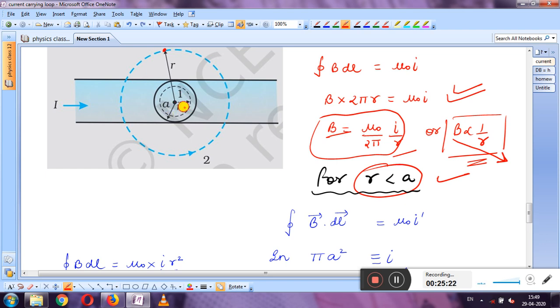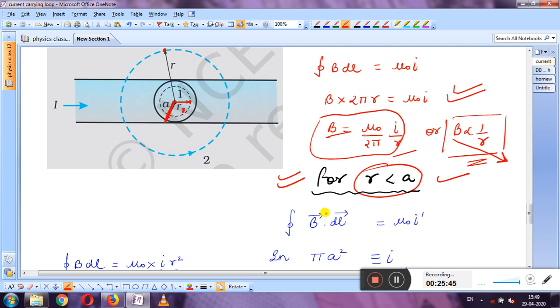This is r only. This point we have taken is inside the wire. The distance of this point from the center of the wire will be equal to r, same as you had outside. a is the radius of the cross section of the wire, so it is very easy to say that r in this case will be less than a.